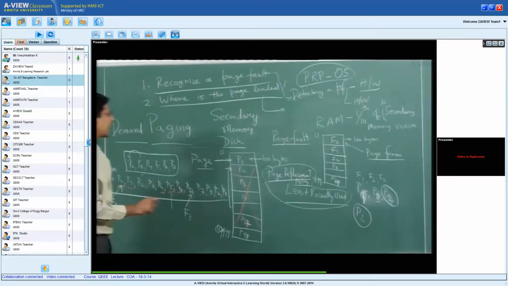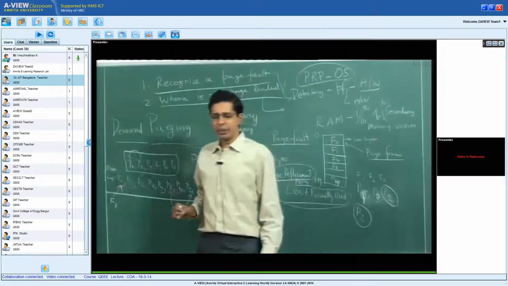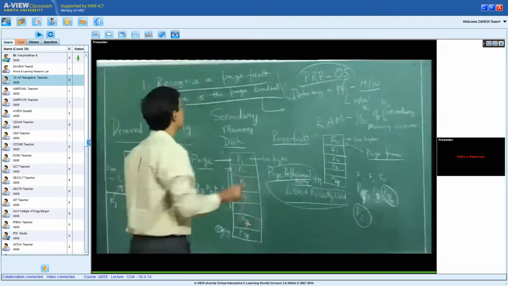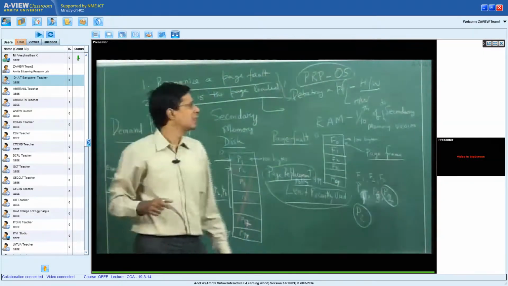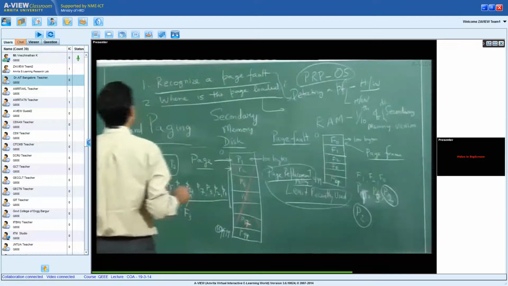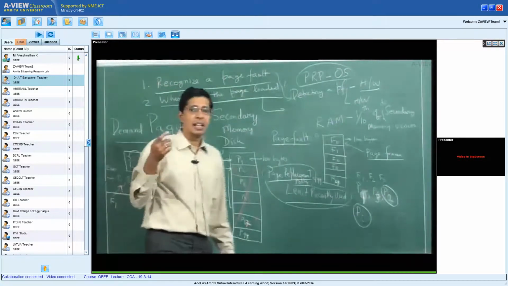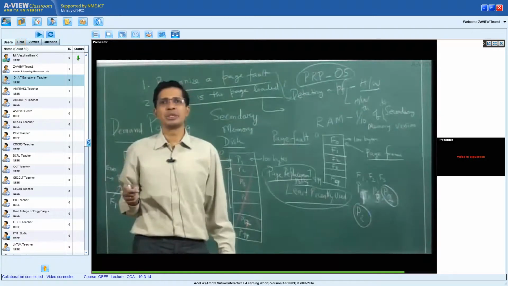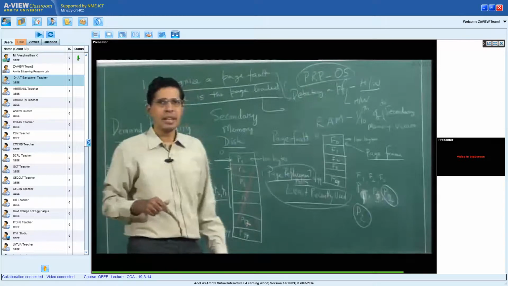As part of this computer organization and architecture course, we need to answer two questions: how does the hardware recognize a page fault, and if there is no page fault, which frame is the page available in?